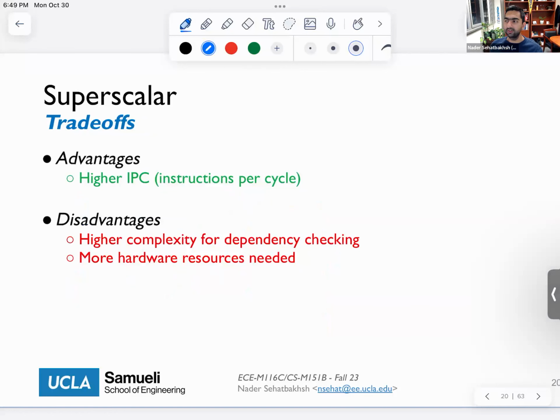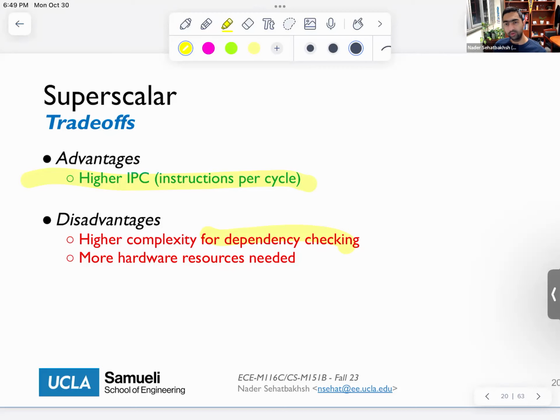So essentially, looking at superscalar, we have these sorts of trade-offs, right? We're going to achieve higher IPC, at least on paper, because if we can issue multiple instructions at the same time, then we can run all of them in parallel. The problem though is that it's significantly more complex to actually issue these, because we have to check lots of dependencies, because every single source pair now needs to be compared with a destination register.